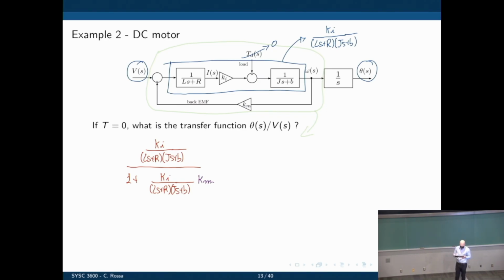All right, so we'll deal with the inputs and outputs later. Let's just eliminate that feedback loop first.